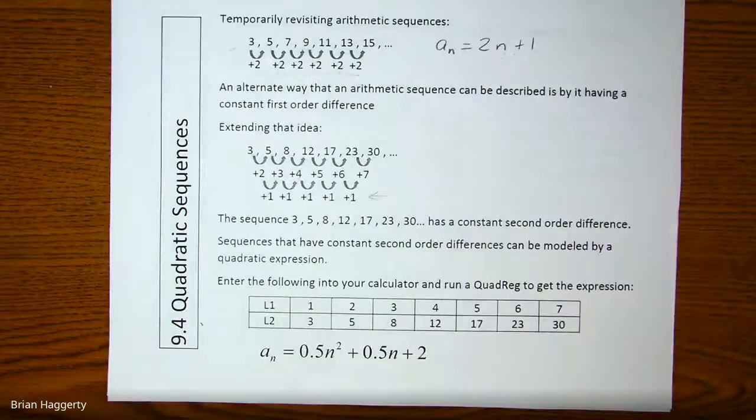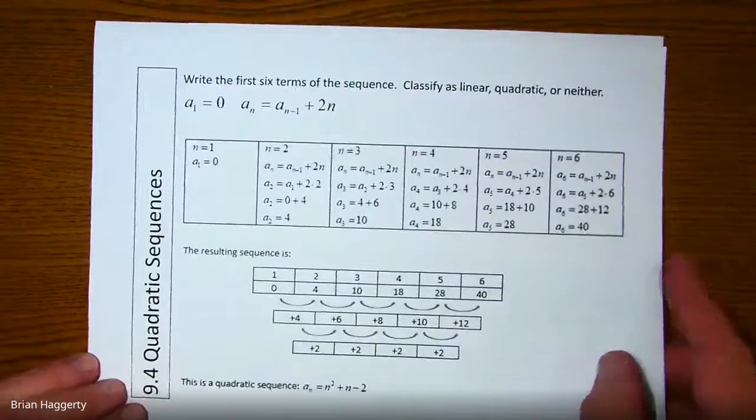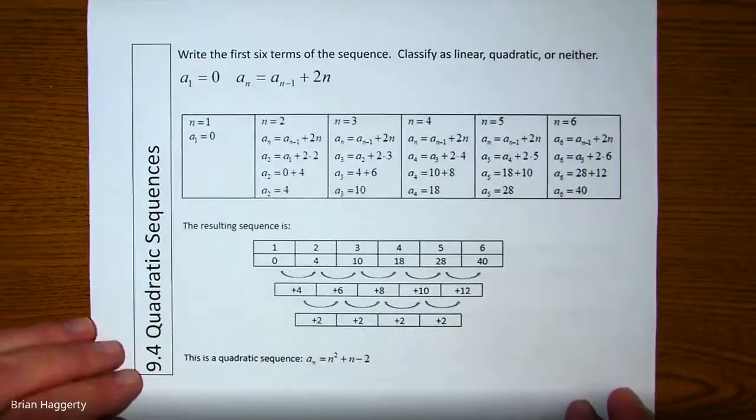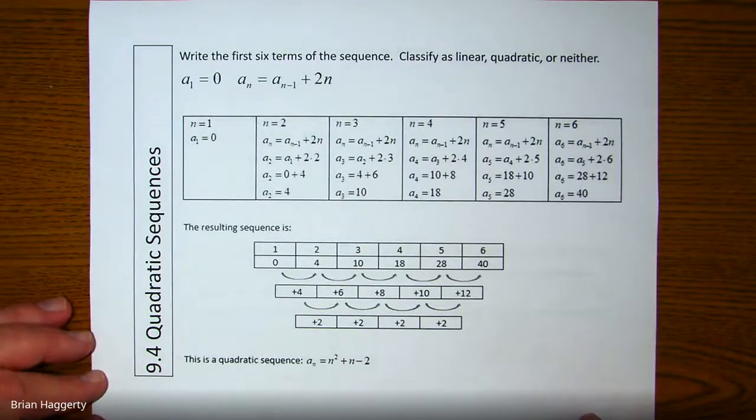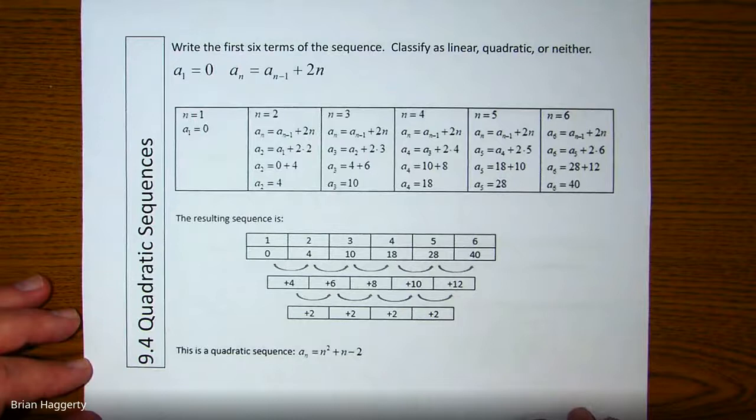All right, second slide. What they're giving us to start with here is a recursive formula, or implicit. Recursive and implicit mean the same thing.